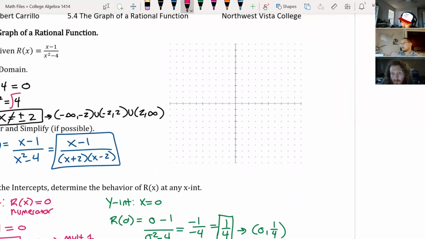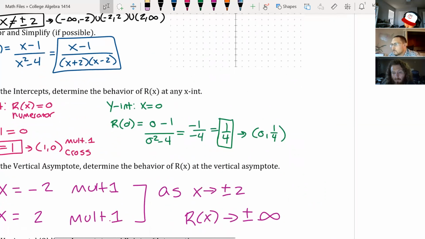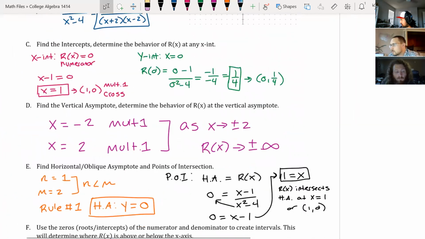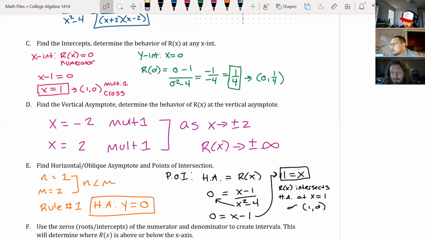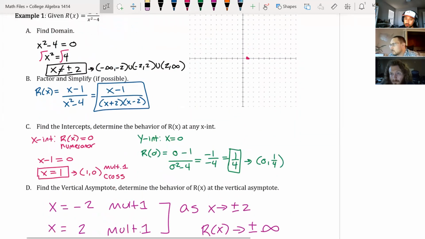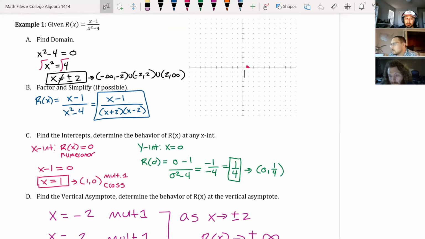So if I were to plot that already, it'd be here on the x-axis. What's our horizontal asymptote? The horizontal asymptote is y equals 0, right? So this means that y equals 0 is what type of line?